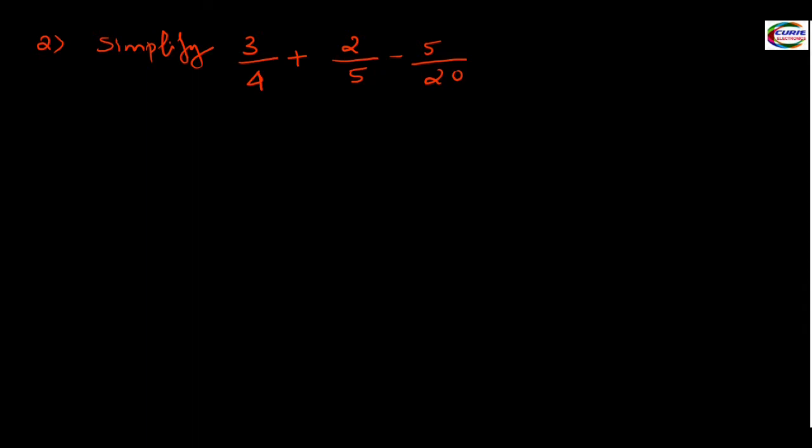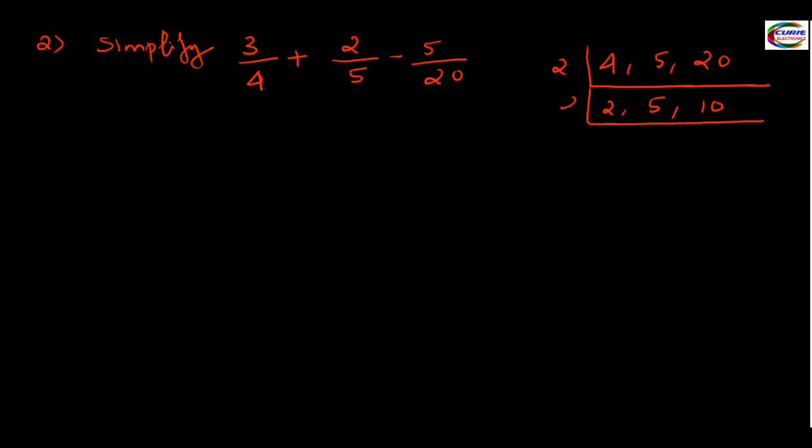To simplify this, first you have to find the LCM of 4, 5, 20. So I'll go with 2. 2, 5 can't divide, so I'll just write it down. Again I can divide by 2.